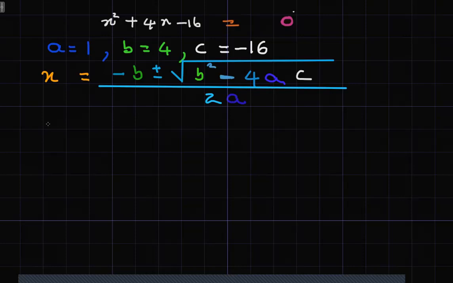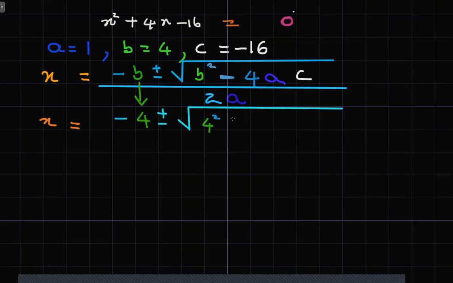All right, so x is equal to, just a matter of plugging in the values now. Minus, what's B's value? B is 4. Then comes plus or minus, then the square root sign. B squared, so what's B? That's 4. You write 4 and a square.